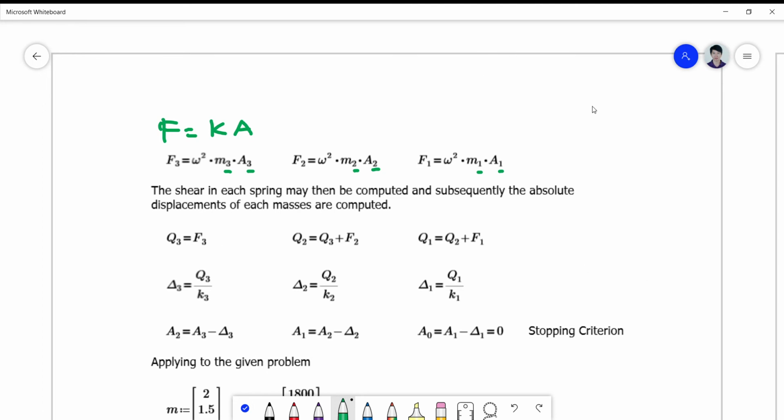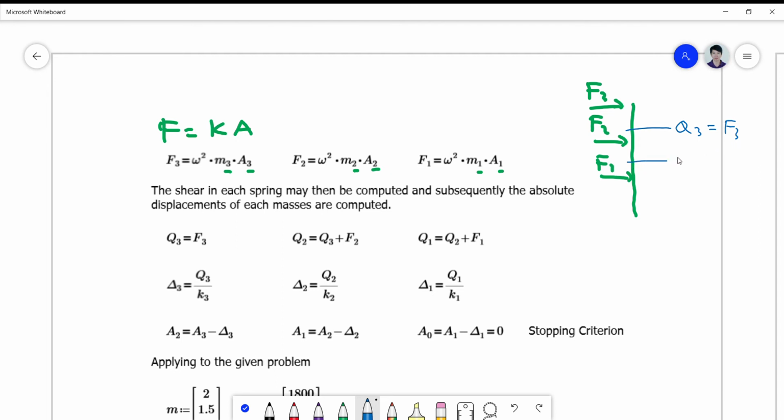we note that if you have an F1, F2, F3 applied on the shear building model. So this is the building. So this is F3, F2, and F1. So the total shear at each story now will simply be, okay, your Q3 equals F3.